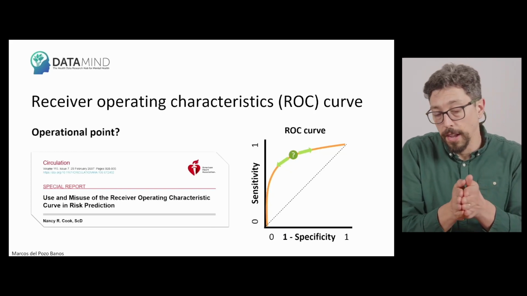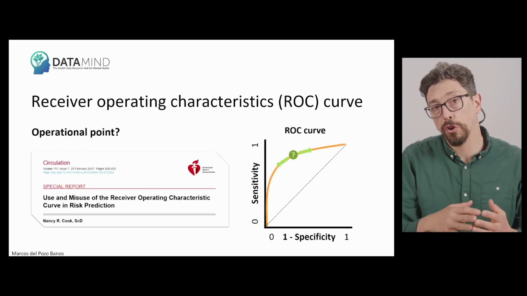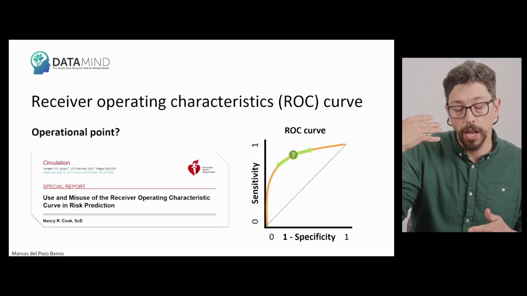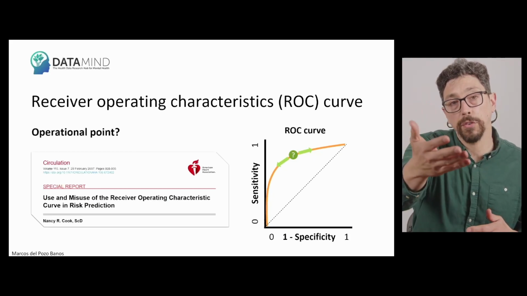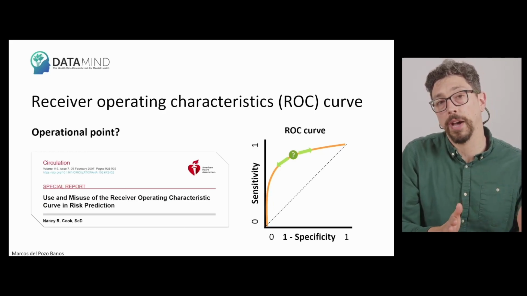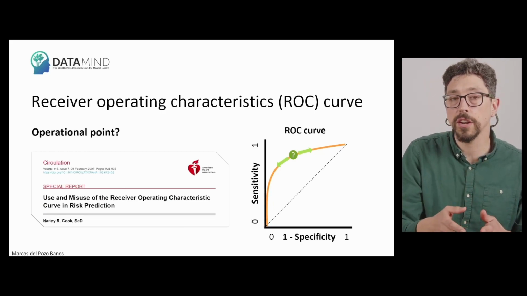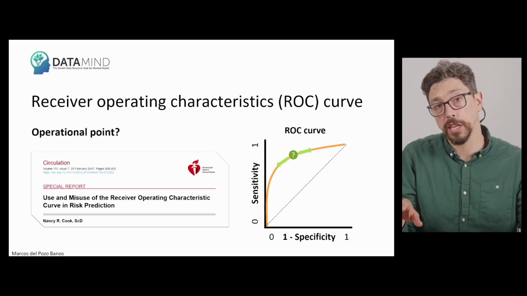Now, based on that, in my view, the ROC curve gives us an idea of how the model can behave, or how the model behaves as we move the threshold up and down. But again, in a real scenario, once you set the threshold, you don't touch it, okay?